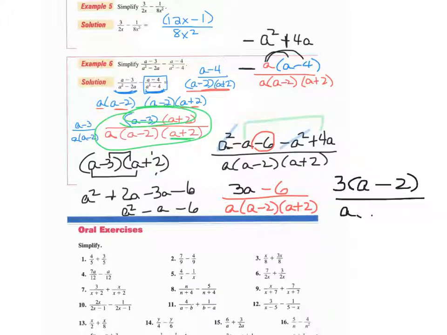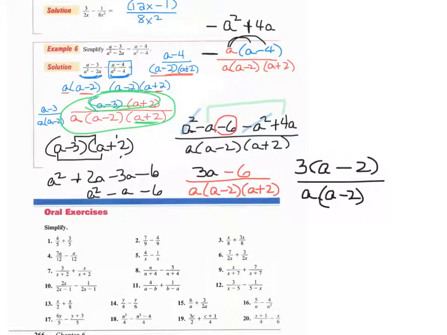Let me write in the bottom. And now I'm going to look for things that I could simplify. The only thing I can simplify are the a minus 2's because they're grouped. And then my final answer here is 3 over a parenthesis a plus 2. And you can leave it factored like that. You do not need to distribute it at the end.